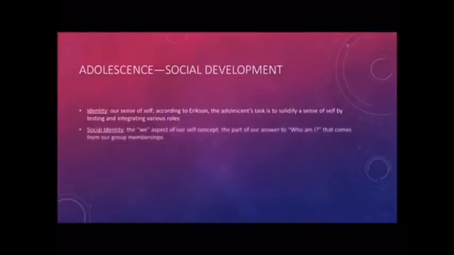Okay. Identity is really just kind of your sense of who you are, right? And identity is the task of the adolescent. Identity is what we are striving to understand in ourselves during the period of adolescence. And then we have a social identity. So this is a little bit, identity and social identity is a little bit like individualistic versus collectivistic in a sense. And so social identity is the we aspect of our self-concept.